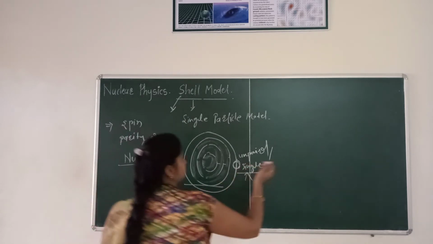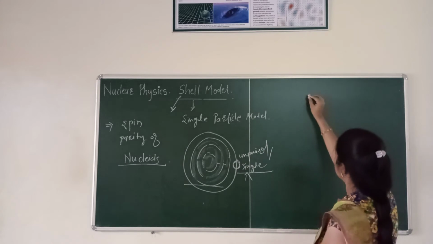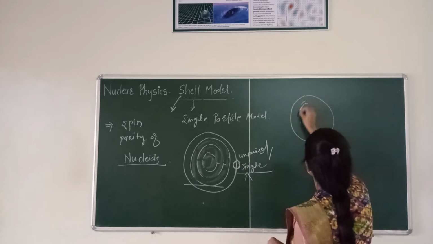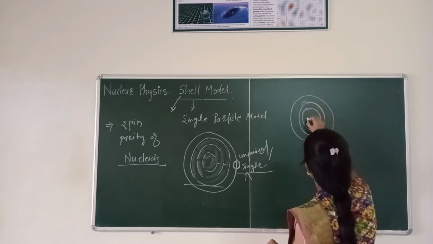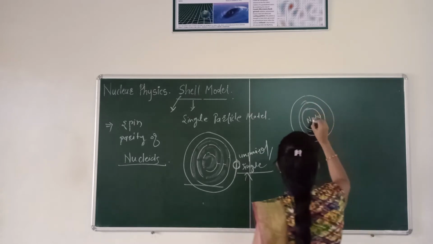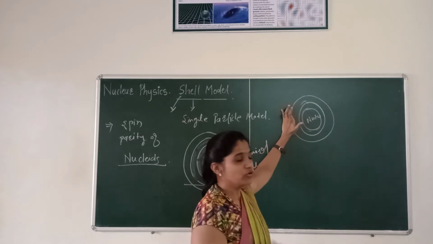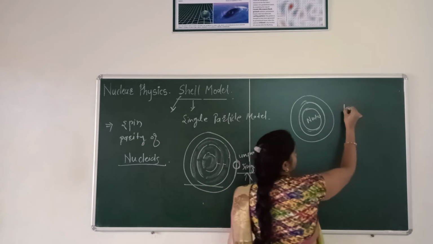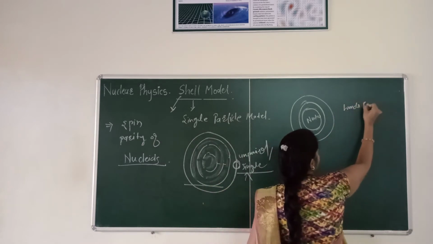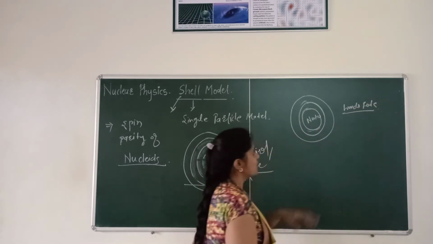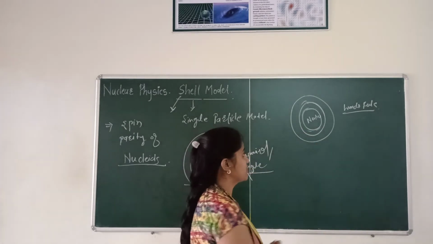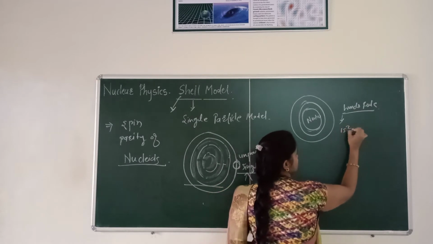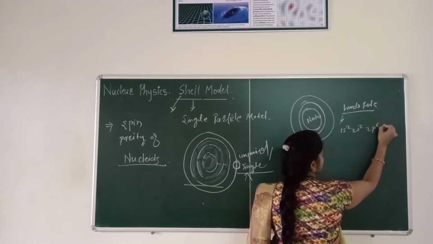Now, how can we fill the nucleons in the different shells of the nucleus? As we know, electrons revolve in the different shells of an atom, and we write the electronic configuration for that atom by using Hund's rule, in this form: 1s2, 2s2, 2p6, 3s2.